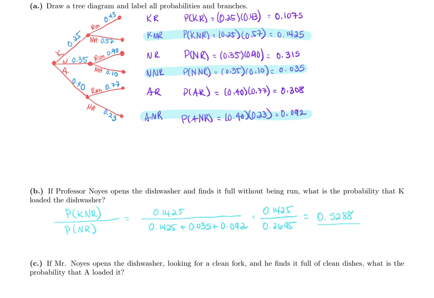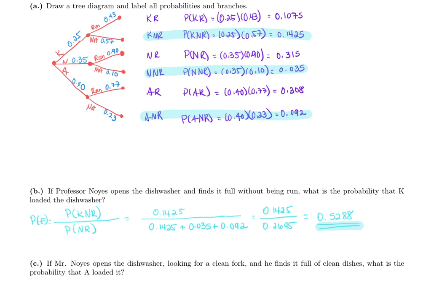And I will tell you, this is a topic we're going to get to a little bit later called conditional probability. And so we'll hear about this again later. I'm not writing it in those terms. I'm simply just calling this our event, is that it was loaded but not run.